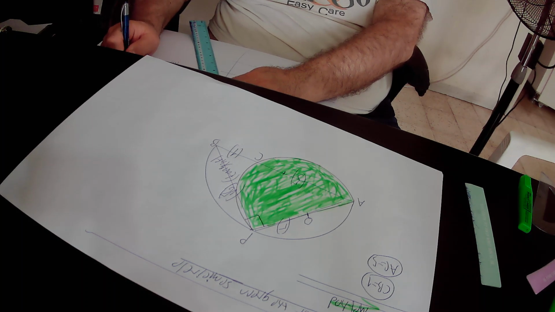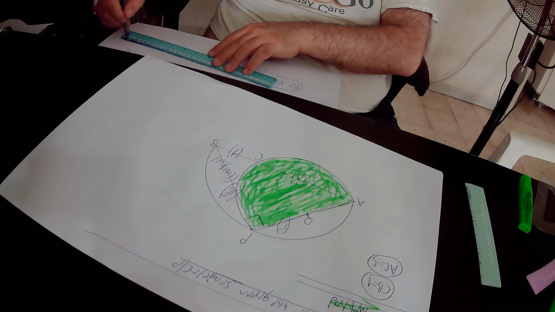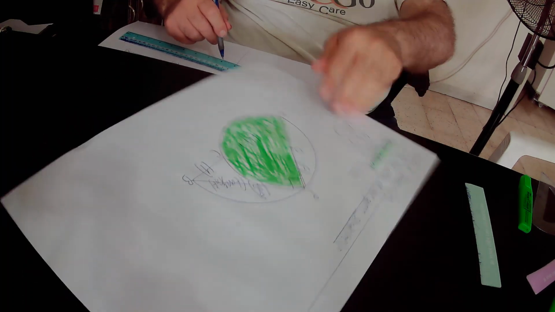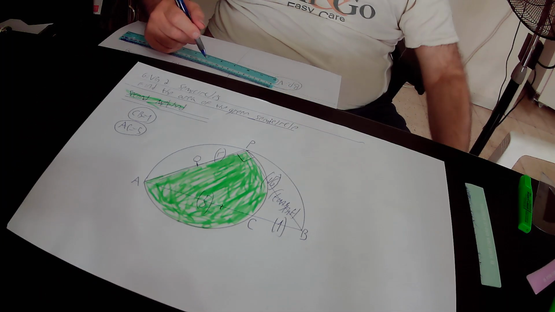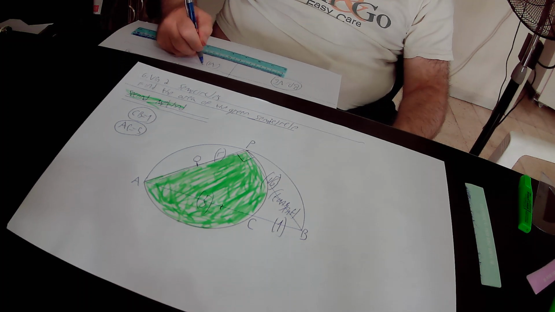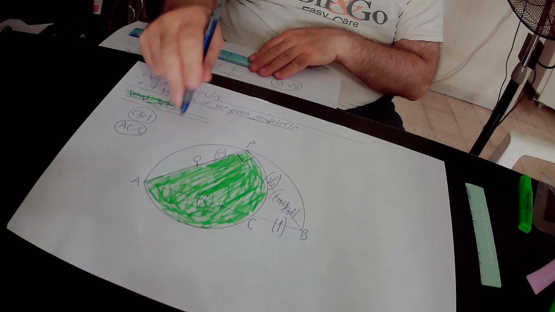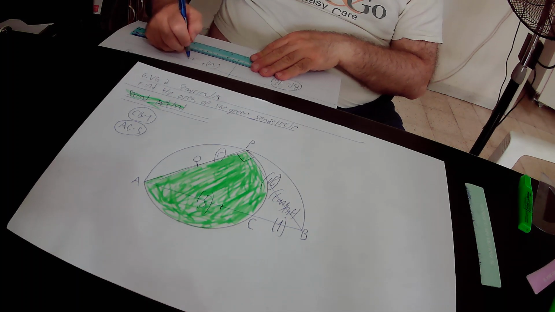According to the Pythagoras theorem, in any right triangle, the square of the hypotenuse equals the sum of the squares of the perpendiculars. The hypotenuse on this right triangle APB is AB, therefore the square of the hypotenuse is AB squared, and it must be equal to AP squared plus PB squared.